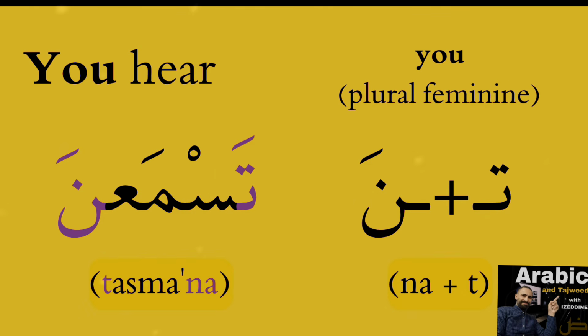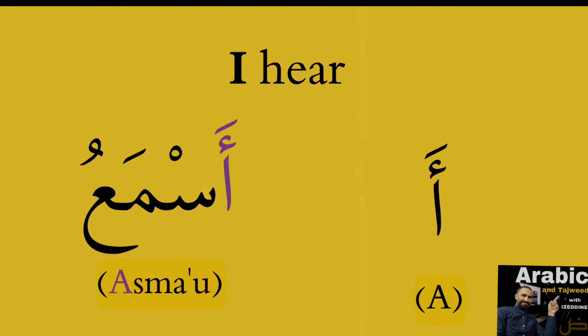But if you are talking to a group of females, أنتن تسمعن. If you pay attention to the colors, you see that we add a ta at the beginning and الواو and noon at the end. I hear. أسمع.